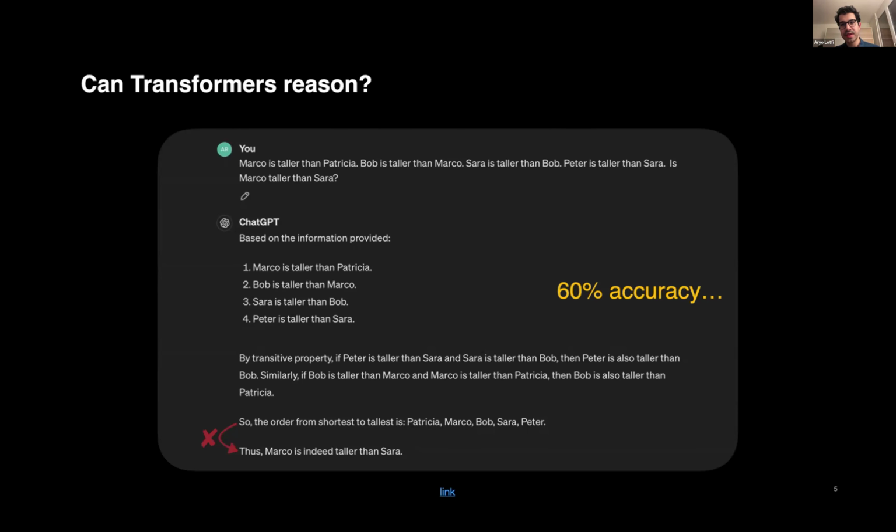We tested this on 1,000 samples on ChatGPT 3.5, and it failed on 40% of them. So this system has 60% accuracy, even for this simple example that requires just combining two clauses.